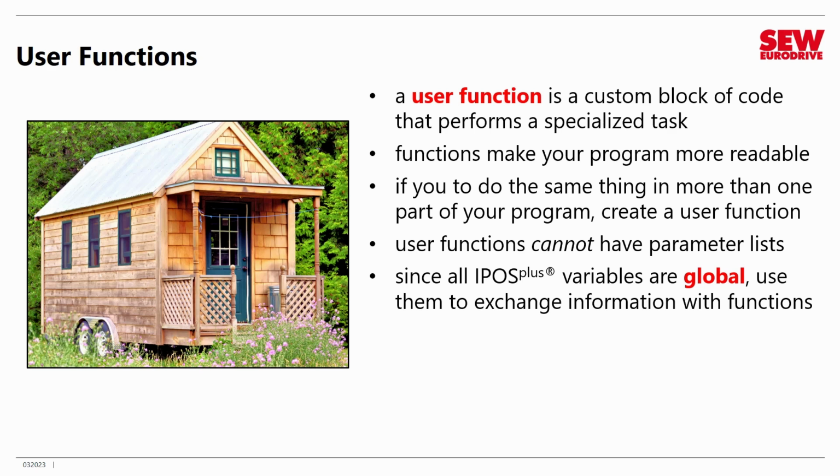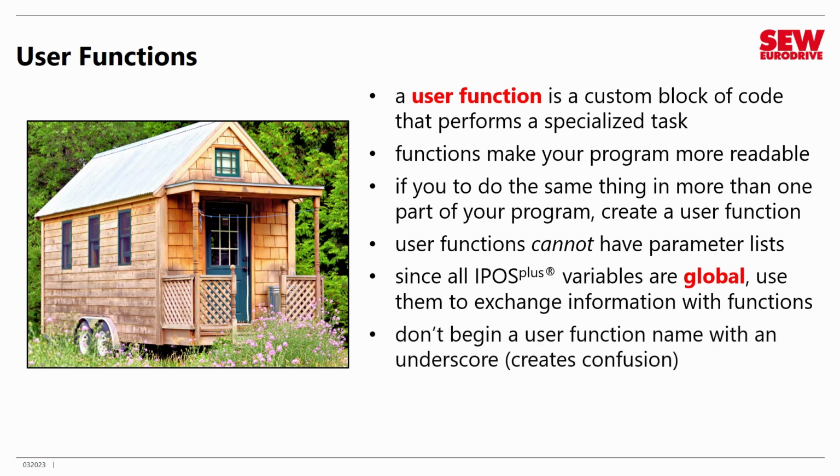You can dedicate variables in your program to pass information into functions. So you create a variable in the beginning, and then right before you call the function, you set it to a particular value, call the function, and the function code will then go to that variable to look for settings that will modify its behavior. So that's kind of a way to work around the fact you can't have parameters.